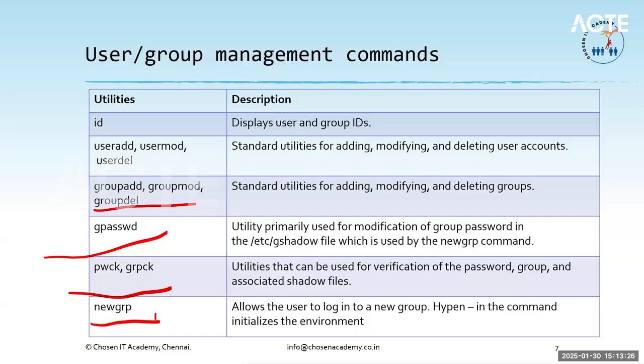The reason for doing this is that some of the applications might have permissions in the other group. So I can get into that group on a temporary basis, and I can access the application.